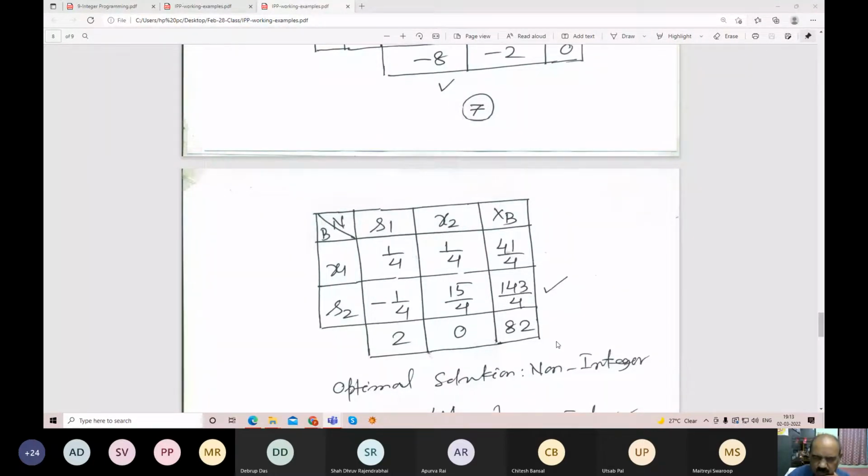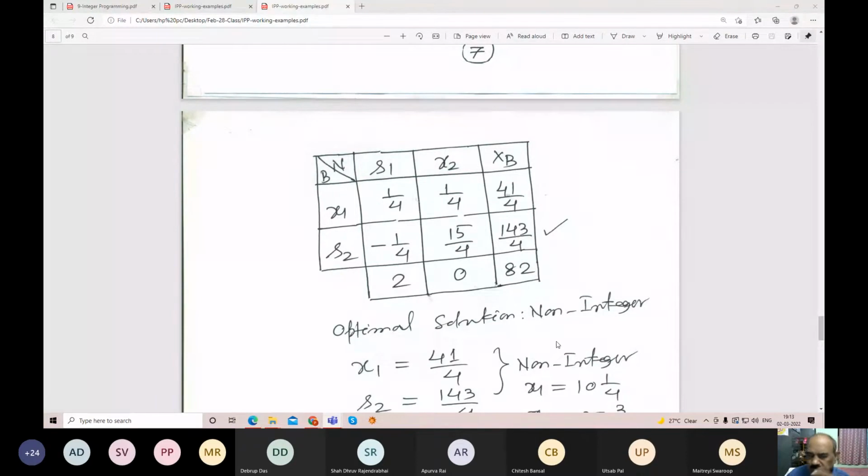Now, in this example, if it is a non-integer programming problem, what is the possibility? This problem has an optimal solution, and not only that, it has an infinite number of optimal solutions. Why? Because there is a 0.